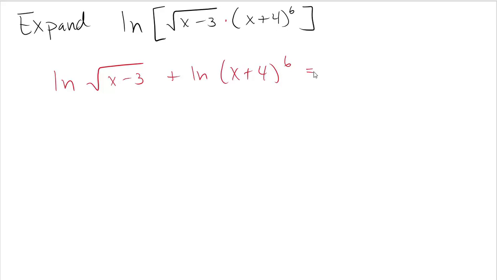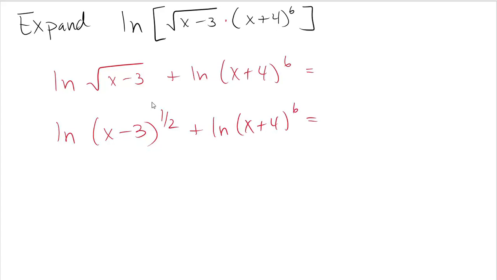And while that is technically expanded, in calculus we'd want to take this one step further. We'd want to rewrite this without any exponents. And maybe you don't see an exponent in the first term, but we can rewrite this in terms of an exponent. What exponent represents a principal square root? Yeah, 1/2 power. So we're going to rewrite that as x minus 3 to the 1/2.